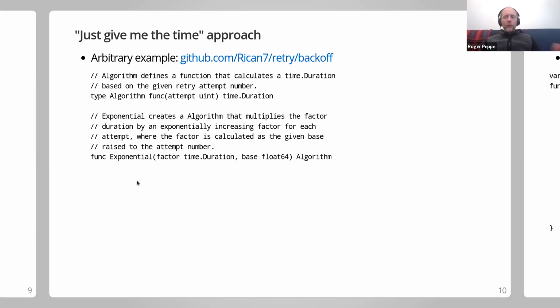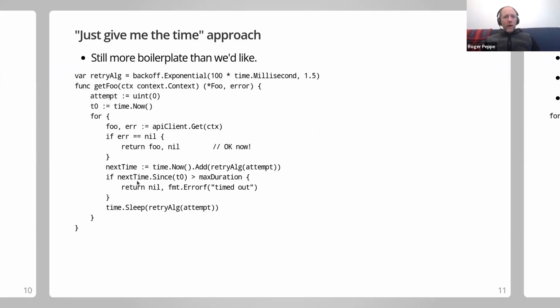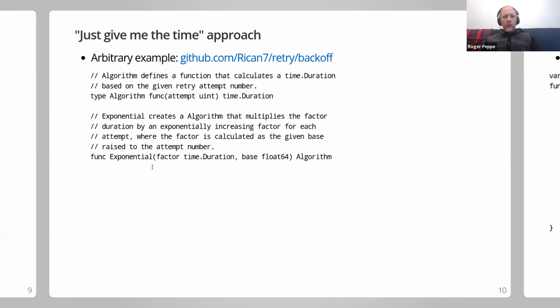Which is fine. It gives you something, but for me it's still not great, because you still end up with a bunch of boilerplate. In this case, the algorithm just provided you with a time duration. There's no way for it to say stop now, your retry attempts are finished.